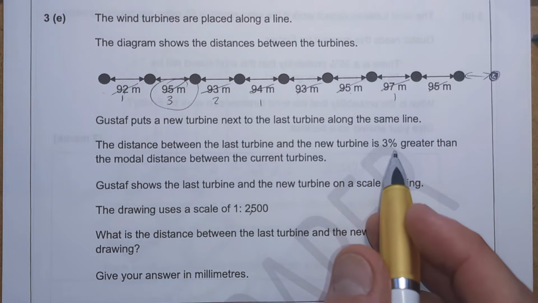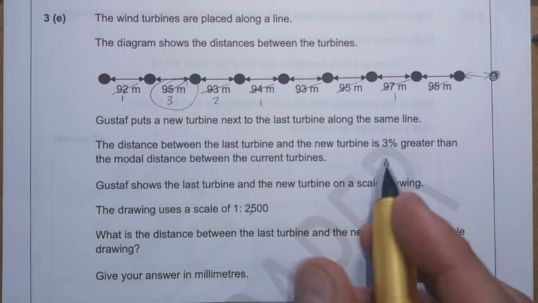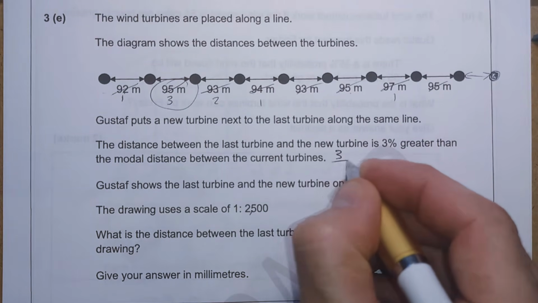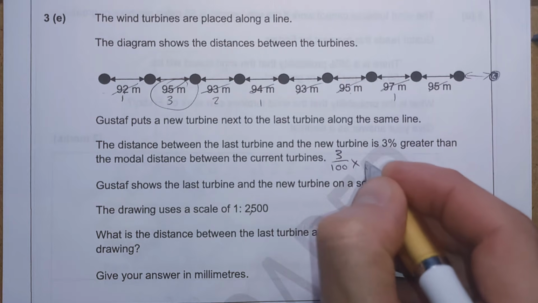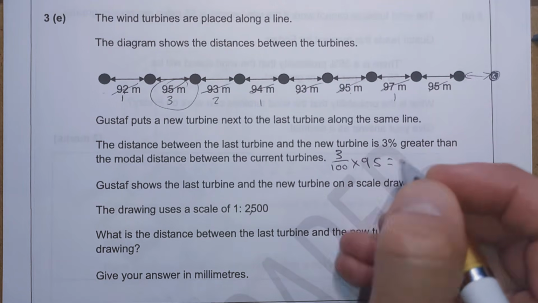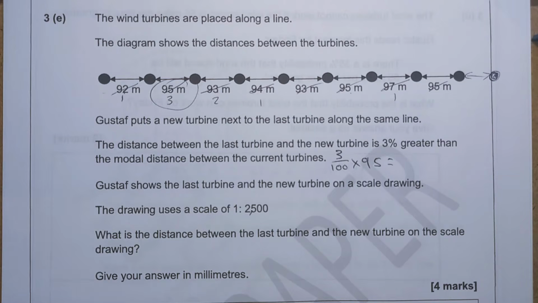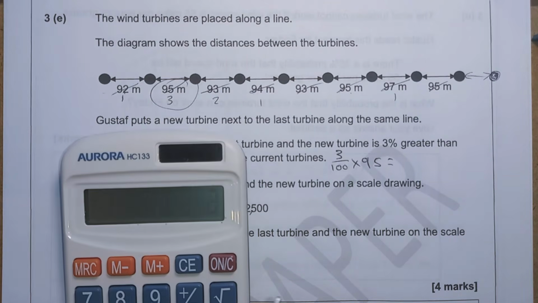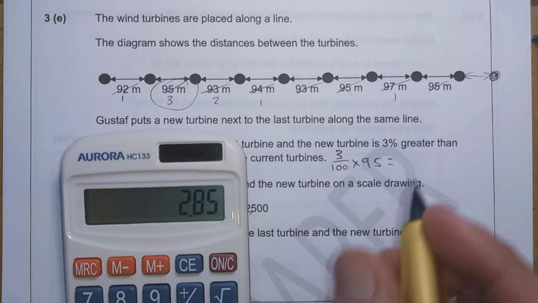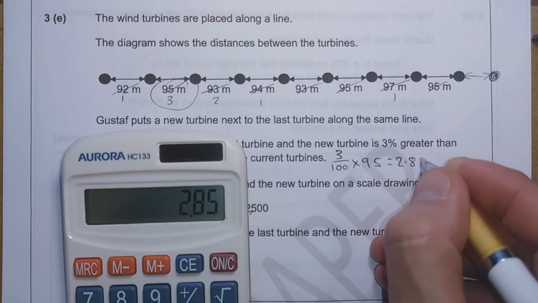And we want to increase that by 3%. So we want 3 out of 100 times 95. That's going to tell us what 3% of 95 is. 2.85.